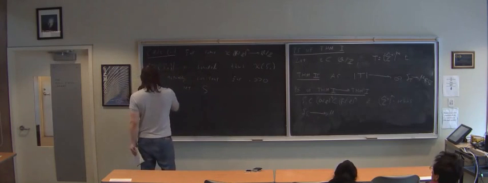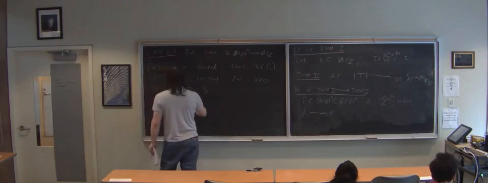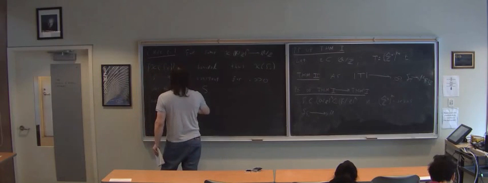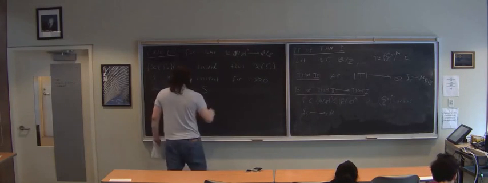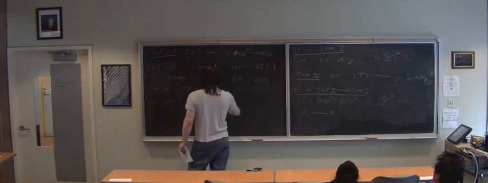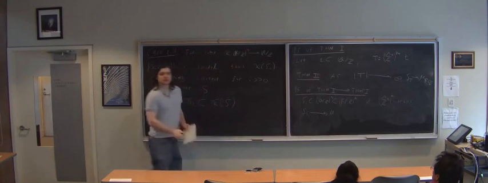So that means that for i big enough, the S_i's lie inside chi inverse of S. And what is this?